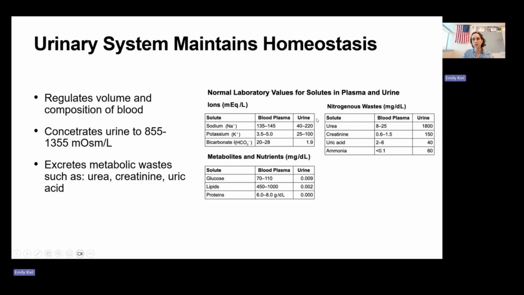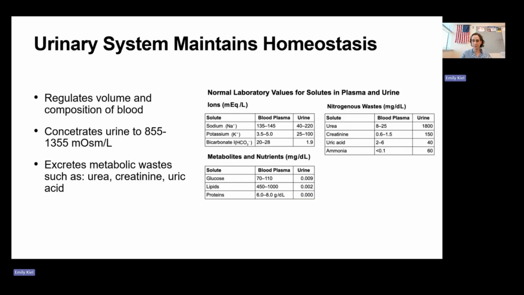So this is showing you the difference between the blood plasma concentration and the urine concentration. And it's showing you, one, how much variation there is in the urine concentration, because that's going to change depending on what the body needs. And you can see that if your sodium should be between 135 and 145, if that sodium is low, you're going to have a pretty low amount in your urine because you're going to be keeping it in the body.